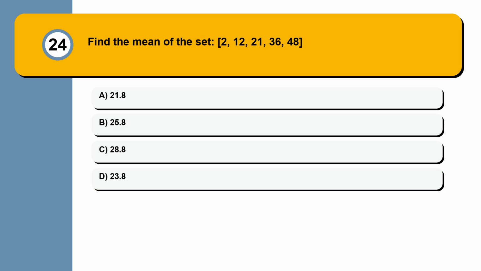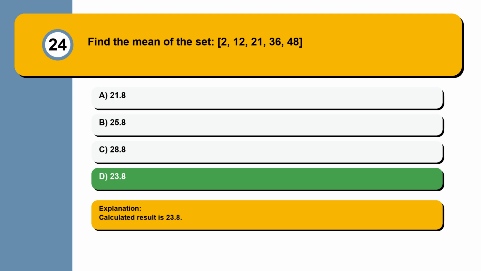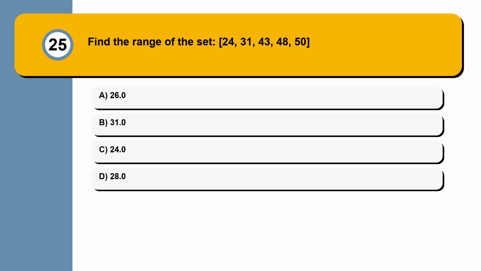Question 24. Find the mean of the set 2, 12, 21, 36, 48. Options: 21.8, 25.8, 28.8, 23.8. Calculated result is 23.8. Question 25. Find the range of the set 24, 31, 43, 48, 50.